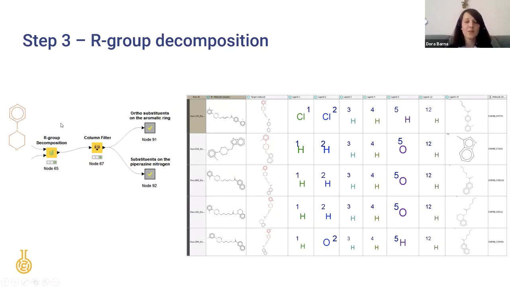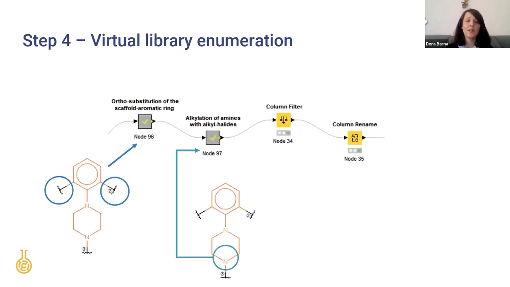So with this information in mind, with the selected scaffold and the most popular ligand position or substituent positions on the scaffold, we can continue with the virtual library enumeration, for which we are going to use 3 reaction-based virtual enumeration steps.